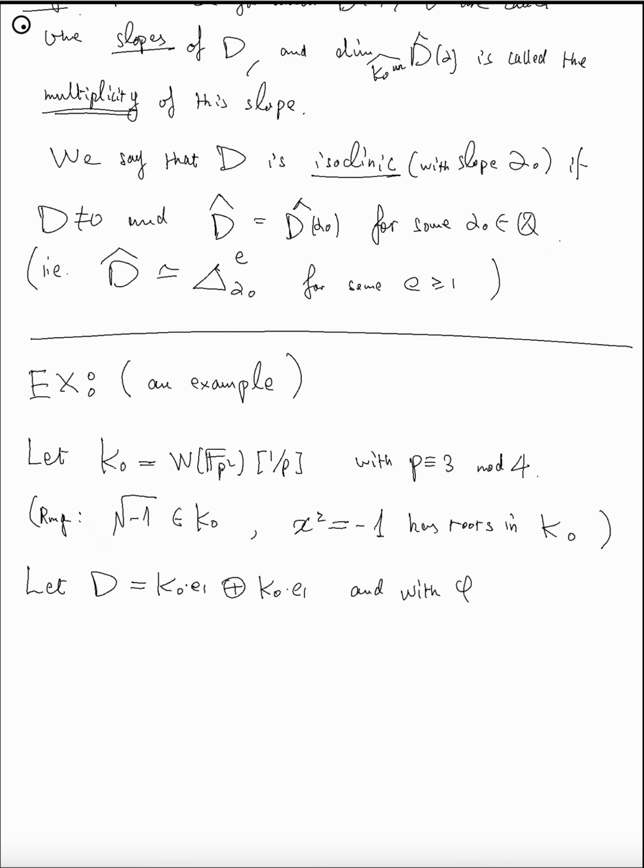With Frobenius as follows over the spaces. It's not linear, but I just use a matrix to tell you how to map the basis, and then you extend semi-linearly. We tell you it's given by the matrix as follows.